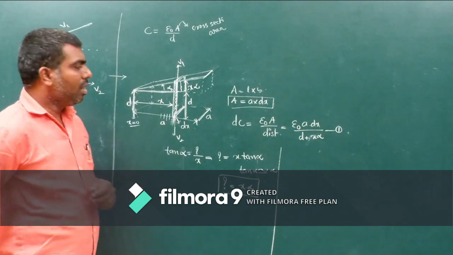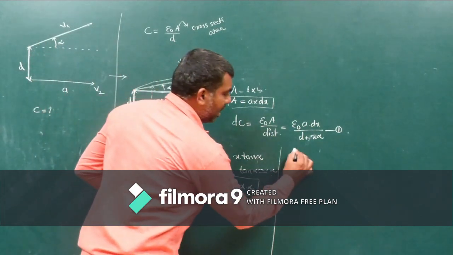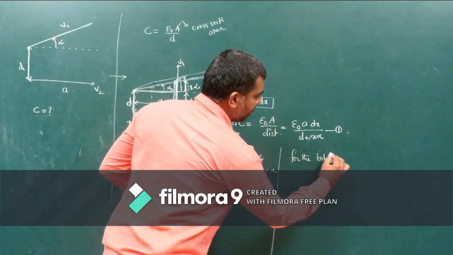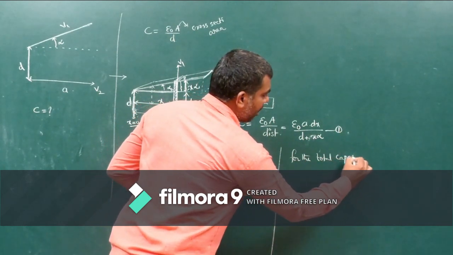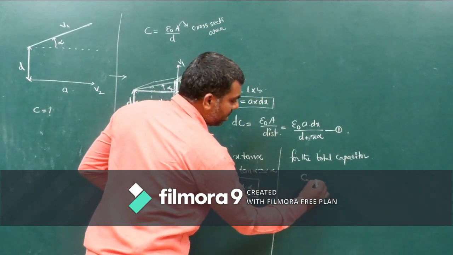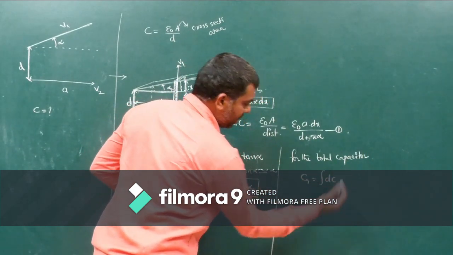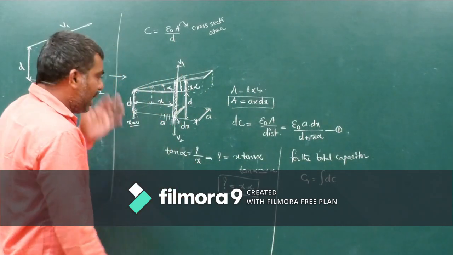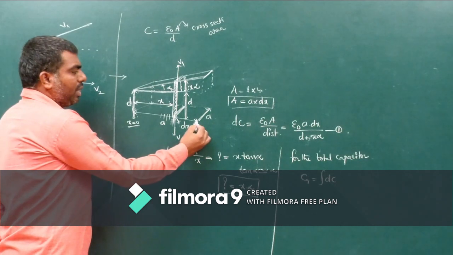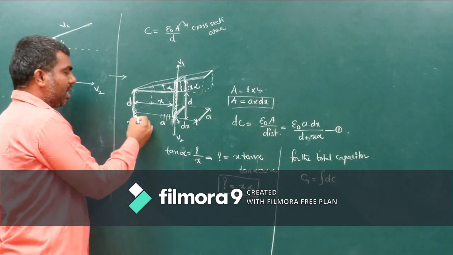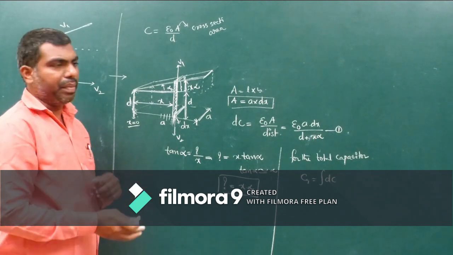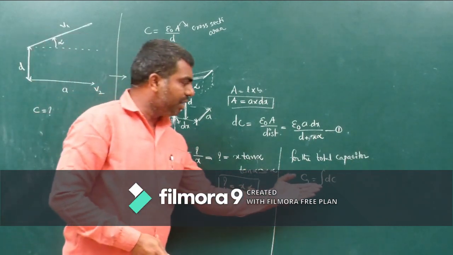But now for the total capacitance, here I am writing for the total capacitance of the capacitor, C total is equal to the integration of dC. Limits for integration are x equals 0 to x equals a, because we are considering all the individual small dC pieces and adding them by integration.